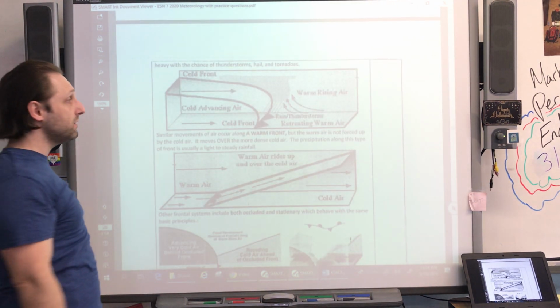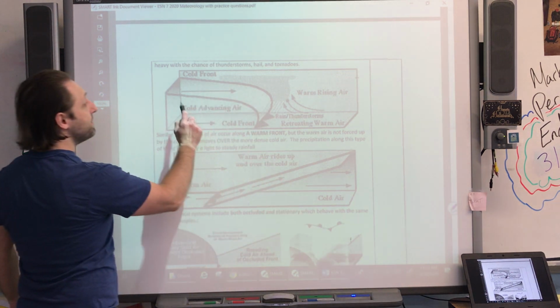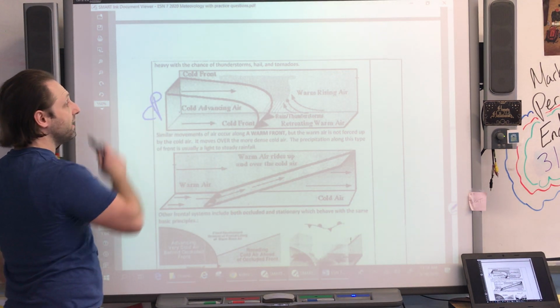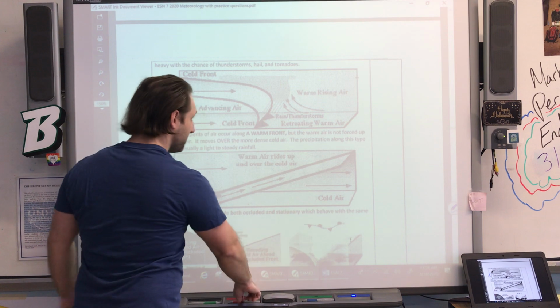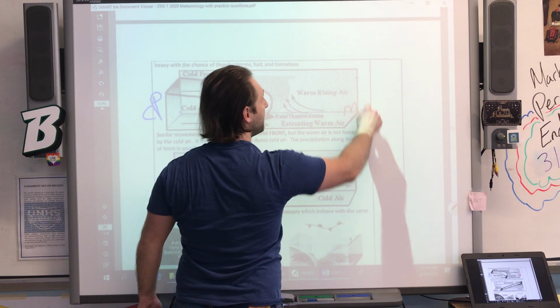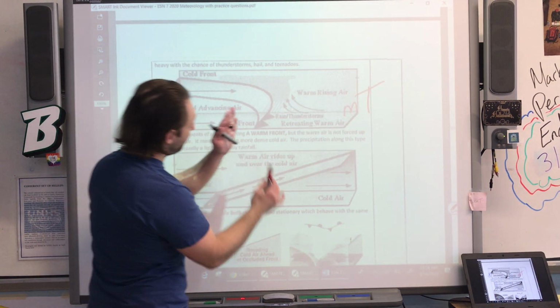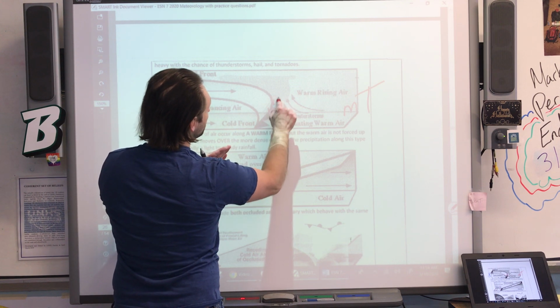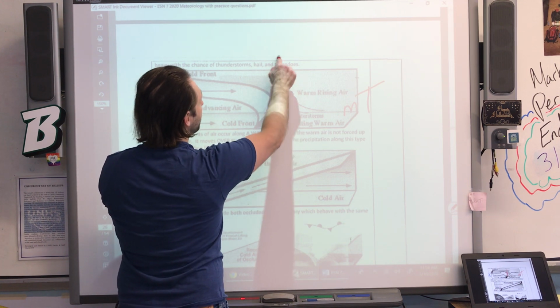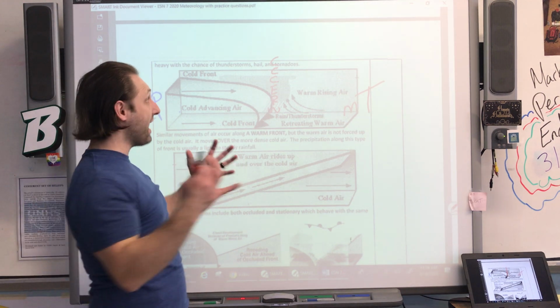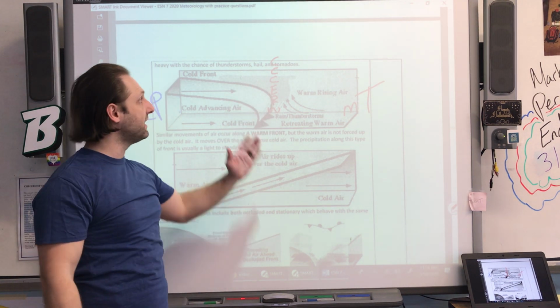So an example here, we have our cP. Our cP is moving in and it's hitting our mT and it's forcing this to rise. And as it gets racked, especially along the cold front, it gets violent.